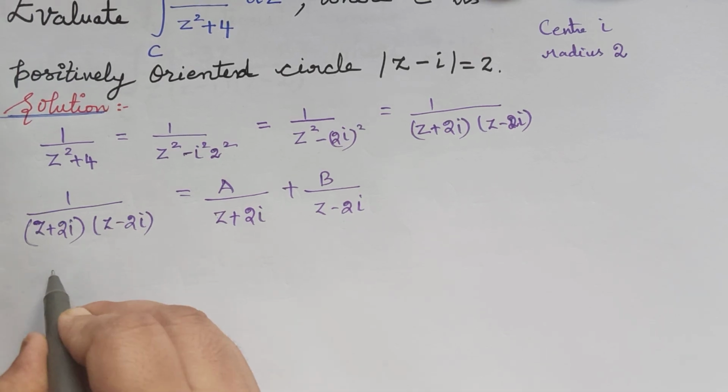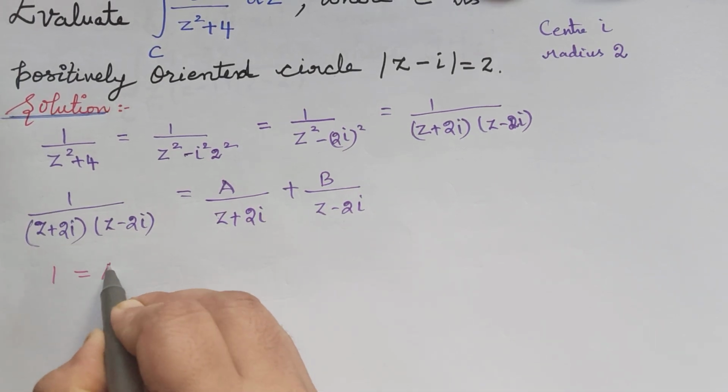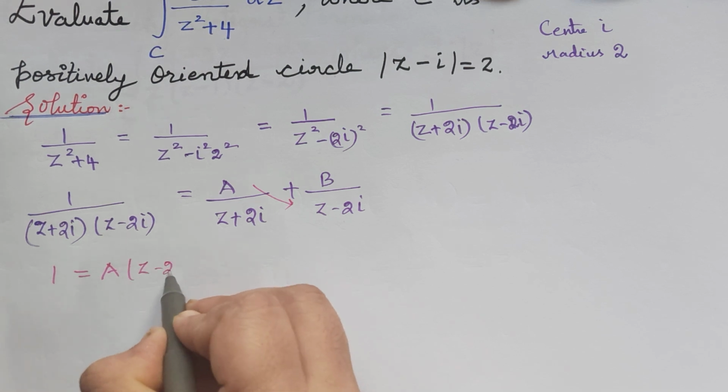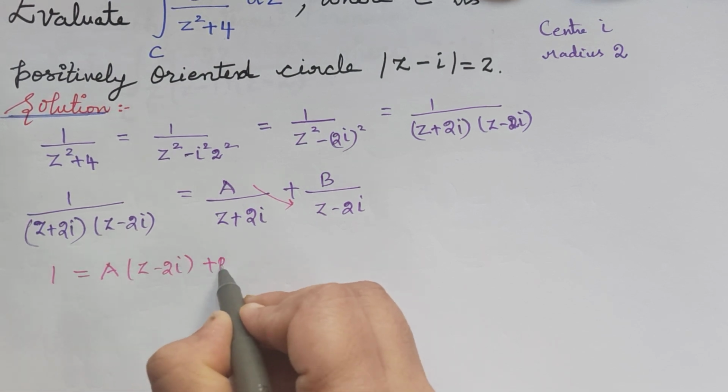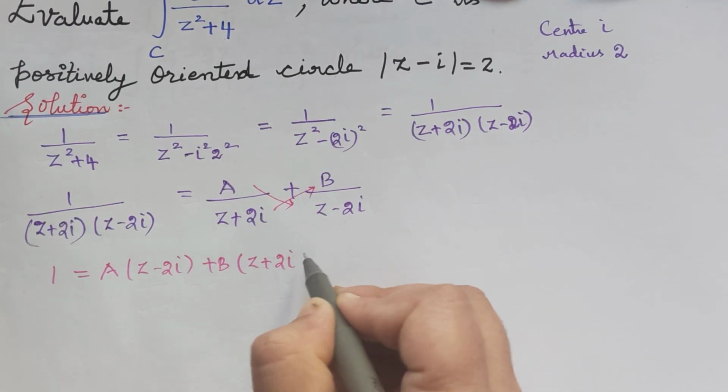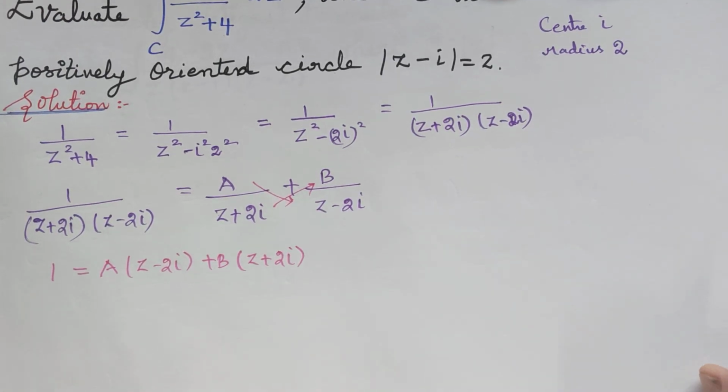So from this we can write, cross multiplying, 1 is equal to a multiplied with (z - 2i) plus b multiplied with (z + 2i). Now we have to find the values of a and b.